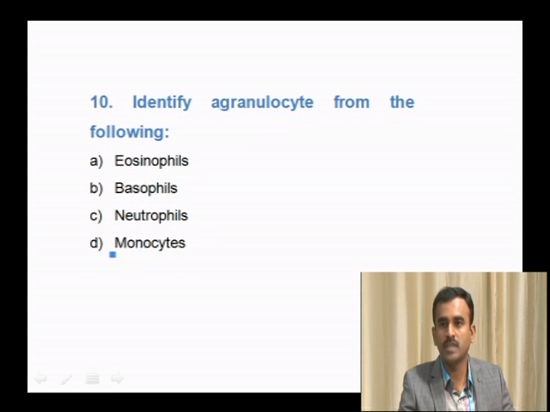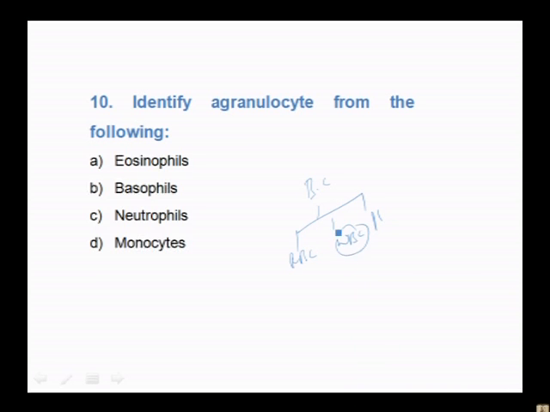Identify agranulocytes from the following. Granulocytes and agranulocytes are different types of blood cells. There are RBC, WBC and platelets. In WBC, there are two different types of cells: granulocytes, which contain cytoplasmic granules after staining with specific acidic, basic or neutral stain, and agranulocytes.